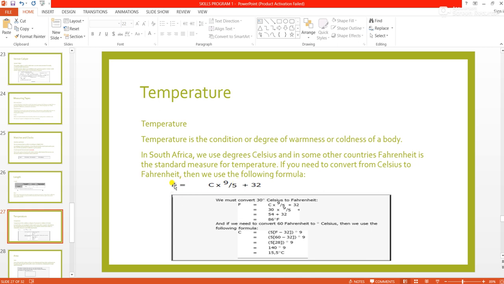C represents the Celsius that you are given. Let's say for instance in Gauteng the temperature is about 40 degrees, and you need to convert that into Fahrenheit. So we'll use that. Let's do this.